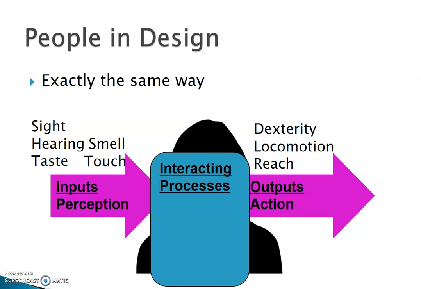Specifically for the human being, it's the brain that provides the interacting processes, and the different parts of the brain we sometimes refer to as the cognitive or cognition. Three things we might consider are the attentional mechanisms of the brain, that is, our brain's ability to focus on one thing and pay attention to a specific thing. Memory, and that could include long-term memory, short-term memory, and working memory, and then how language is encoded in the brain and how instructions are interpreted.